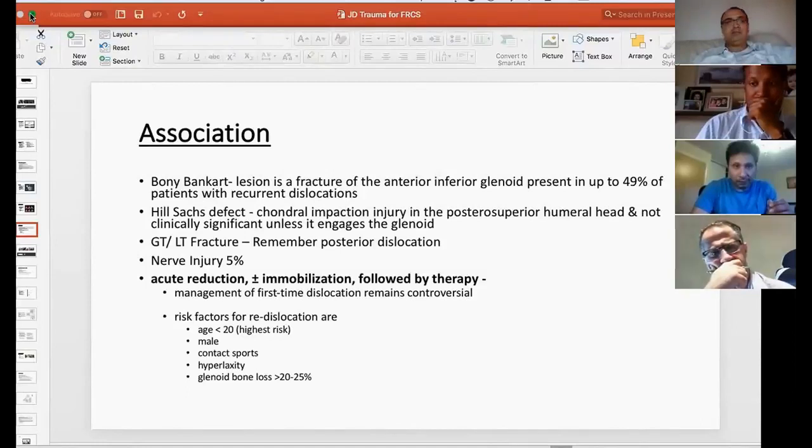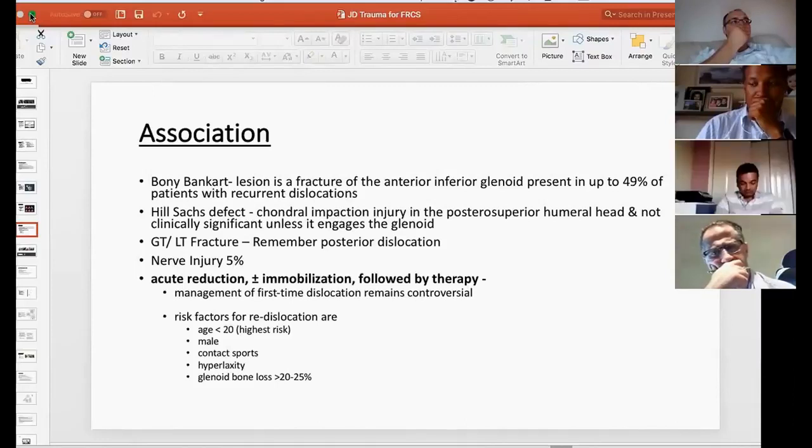Basically, when you see a shoulder, remember to talk about all the anatomical landmarks. Remember to talk about the trauma series X-rays. You need 3 views for the shoulder. Remember to talk about the age of the patient, because that has a very strong association with what associated injury the patient could have.